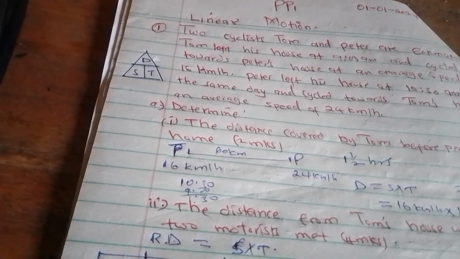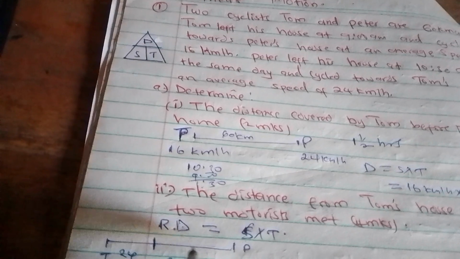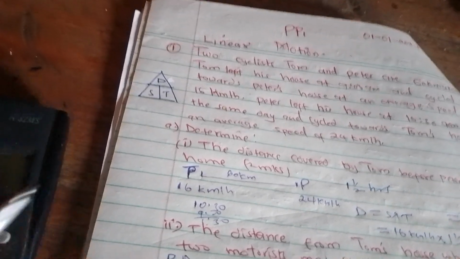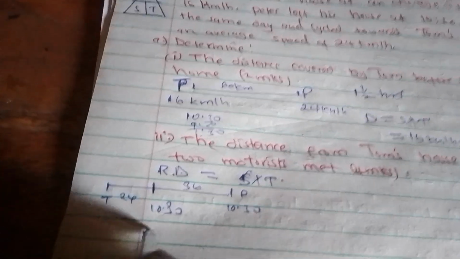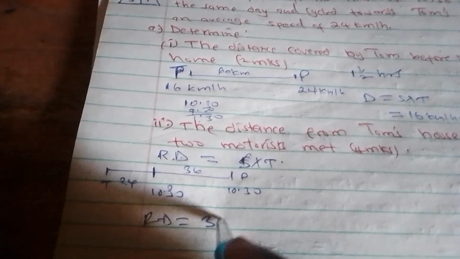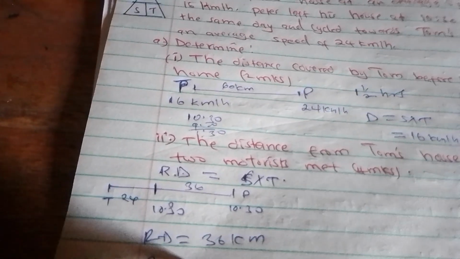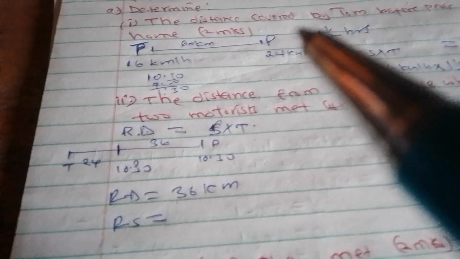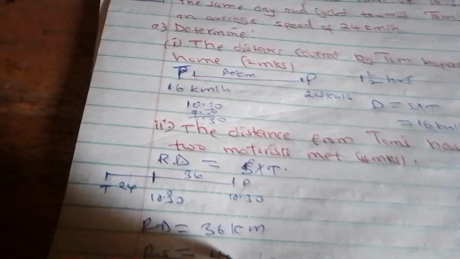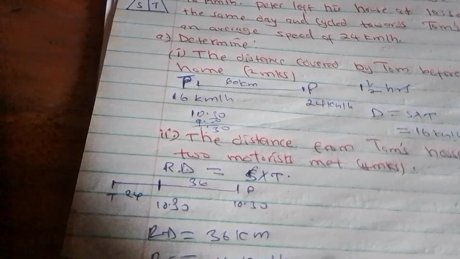So the relative distance there, you take 60 minus 24, you remain with 36 kilometers. Then relative speed: when they are going in opposite directions, you add; in the same direction, you subtract. So there we will have 24 plus 16, and we will get 40 kilometers per hour.